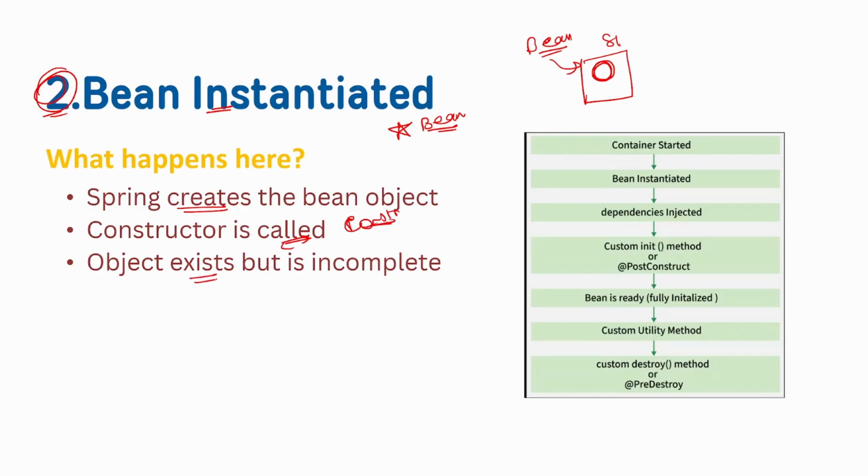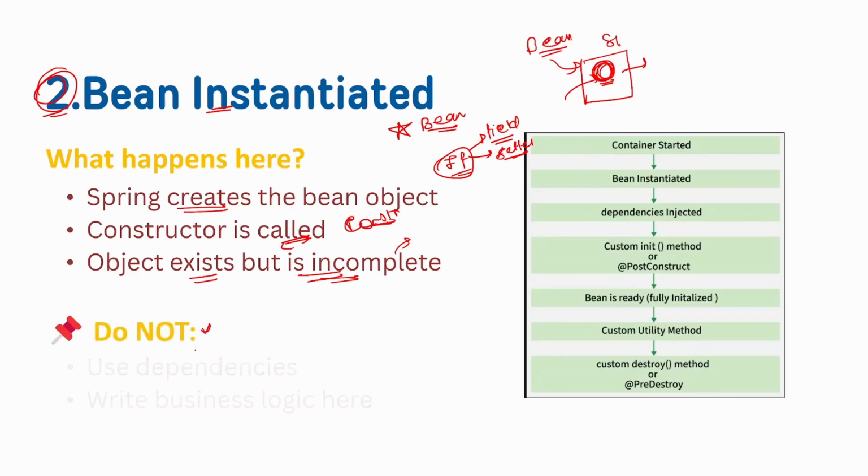The object exists but is incomplete if there is some dependency injected with field injection or a setter function. The object is created and added to the Spring context, but it is still incomplete because the dependency is not yet injected into it.